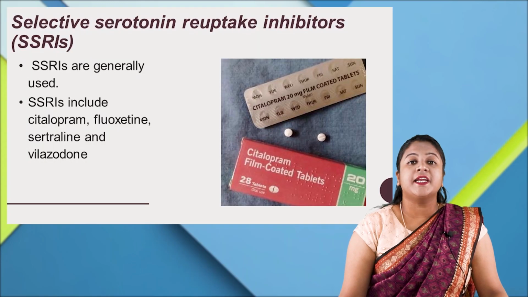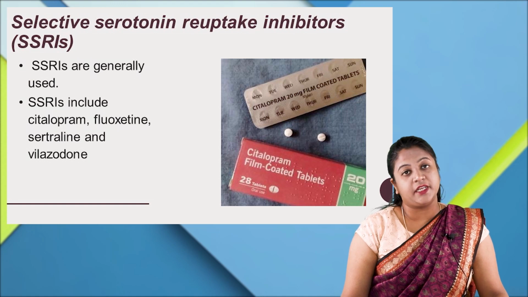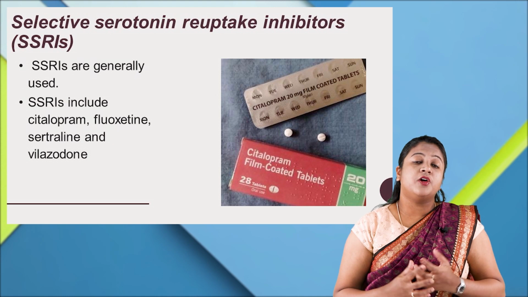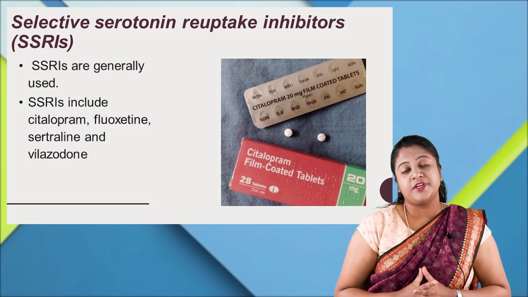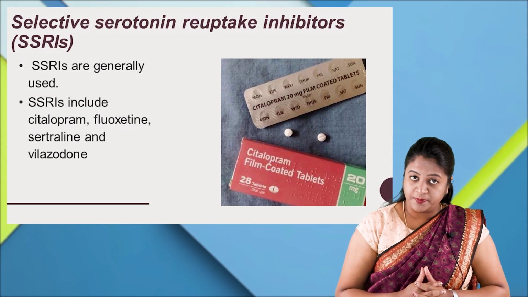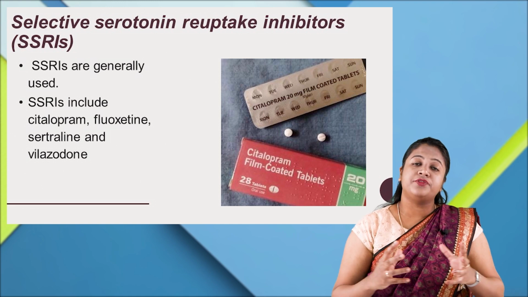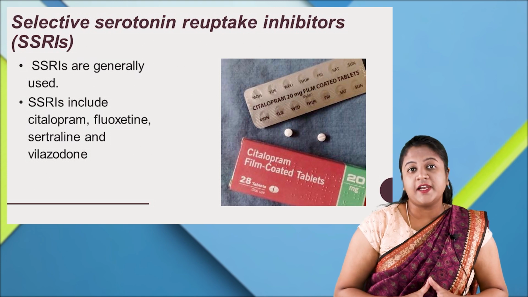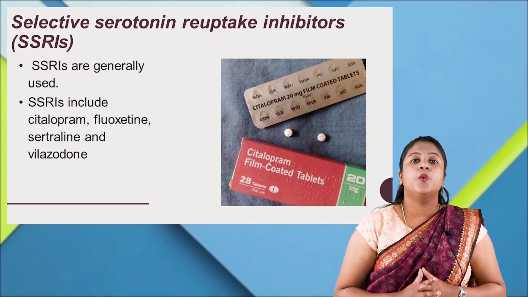Number 1 drug group which we use for the treatment is selective serotonin reuptake inhibitors. This group of antidepressants is very commonly used for treatment of depression. The examples of these drugs include citalopram, fluoxetine, sertraline, vilazodone.